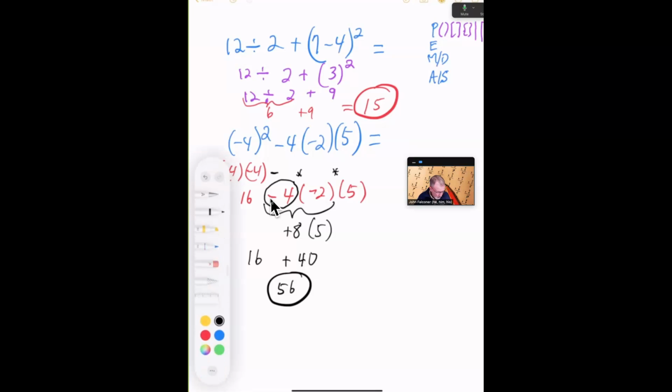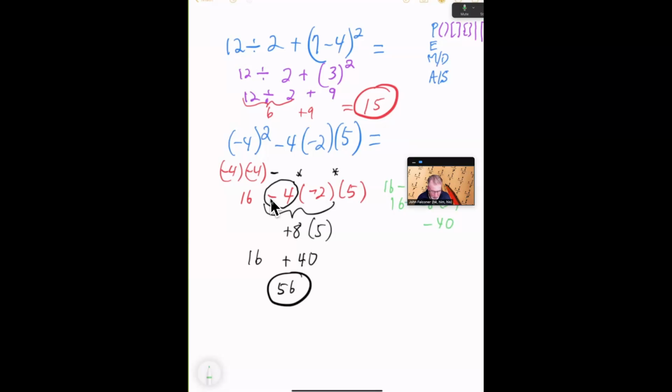Let's change colors. And if you were to say do 16 minus 4 times negative 2 times 5, you get 4 times negative 2 for negative 8 times 5. And then negative 8 times 5 is negative 40. Right?